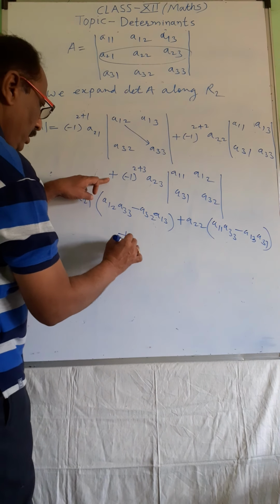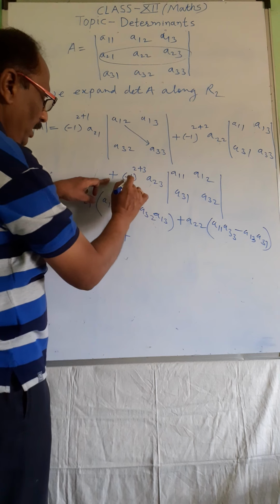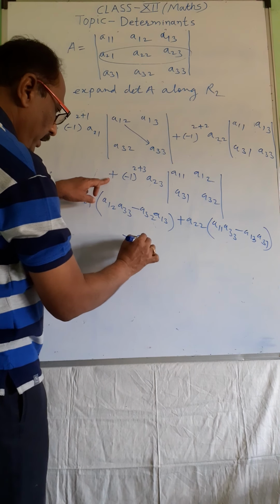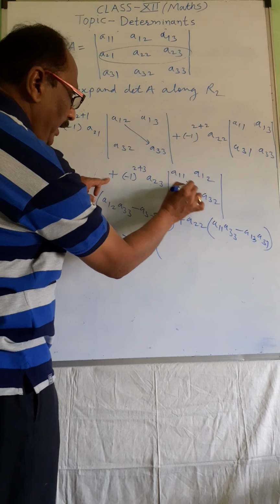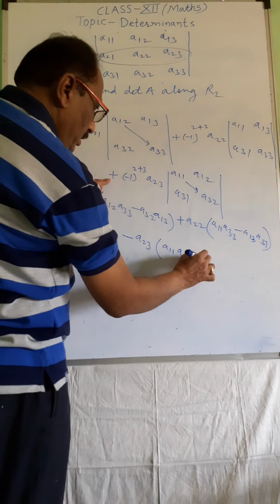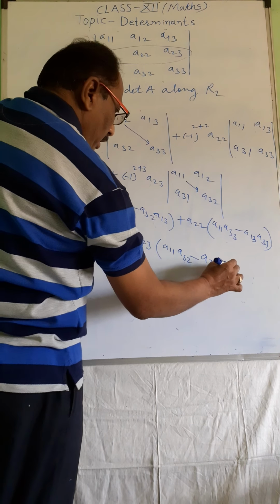Then plus minus 1 raised to power 5. Minus 1 raised to power 5 means it is negative, minus A23 and A11 into A32 minus A31 into A12, like this.